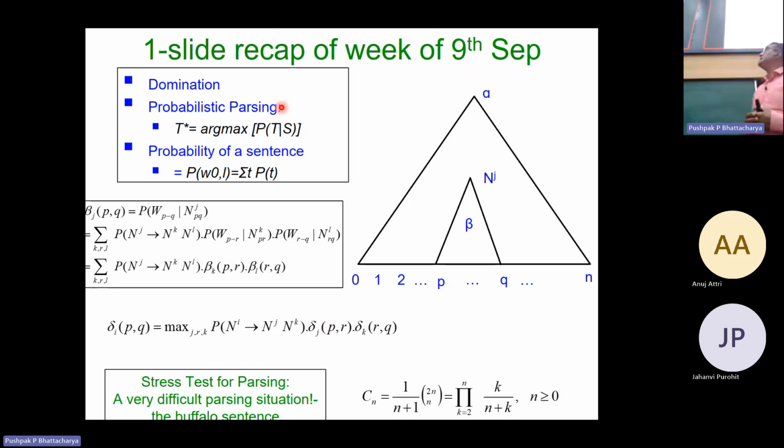Then probability of a sentence, all of you know, is a very important concept, because probability of a sentence is nothing but the language model. Okay, and large language models are again probabilities of sentences. Does anybody remember why large language models are called large?